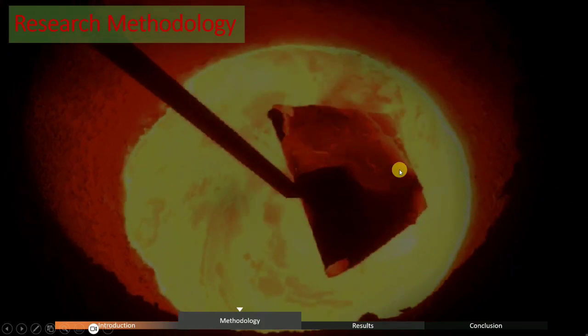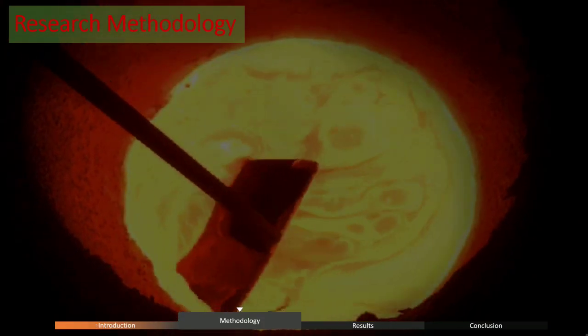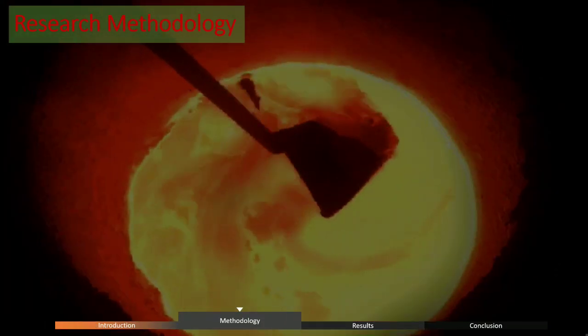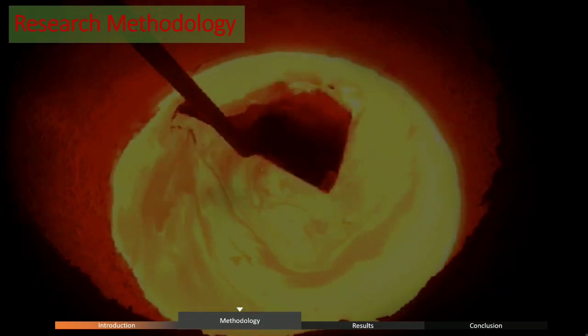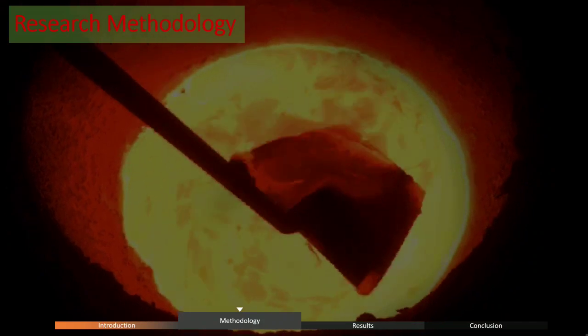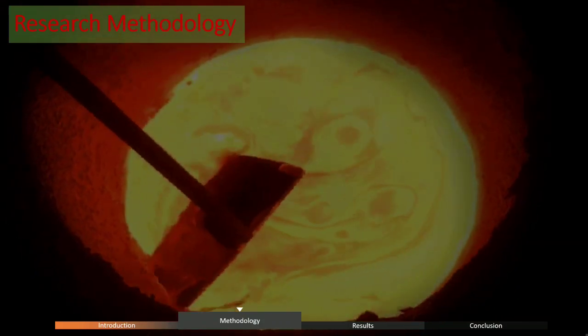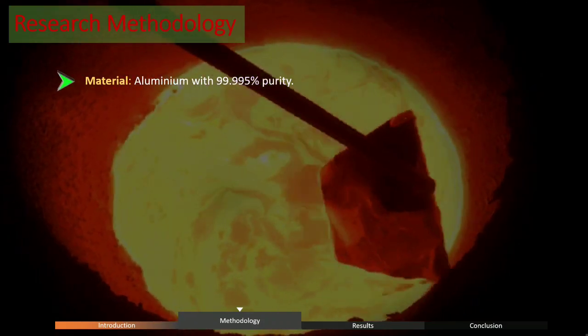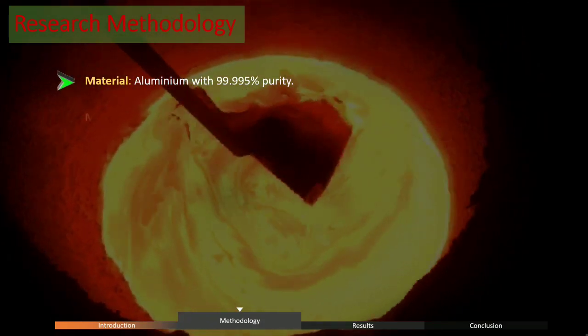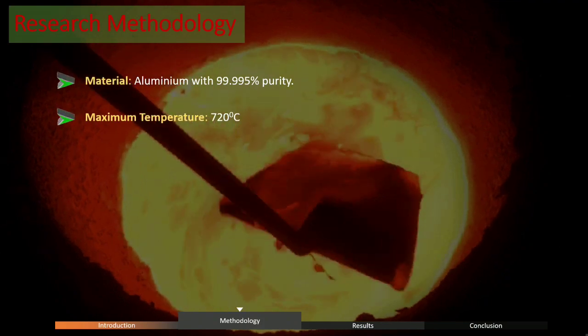So the thing is how they have done this. We talked about the introduction, how things are going on in this paper and in which direction they are going. Now we'll discuss the experimental procedure, how they have actually done it. They took pure aluminum with 99.995 purity and melted it at 720 degrees Celsius.